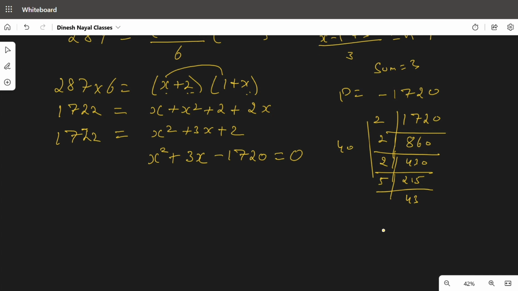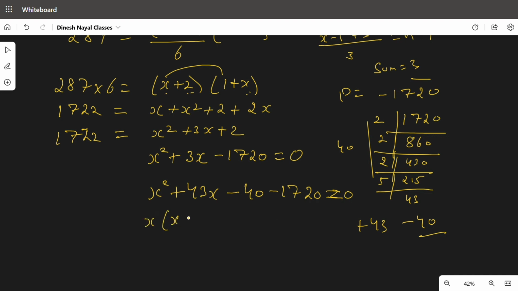Because the sum is 3, we take 43 as plus and the other, 40, as minus 40, because you can see the sum is plus 3, 43 minus 40 is 3, and if you multiply them, that will be minus 1720. So now we can write x square plus 43x minus 40x minus 1720 equals 0. Now over here you can take x common.